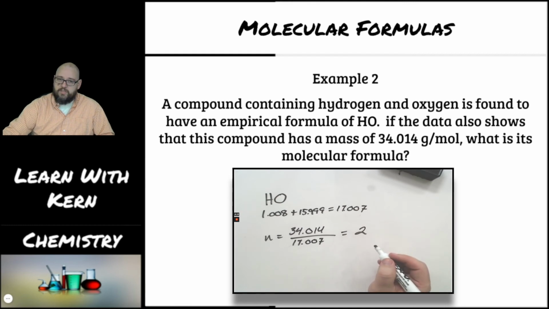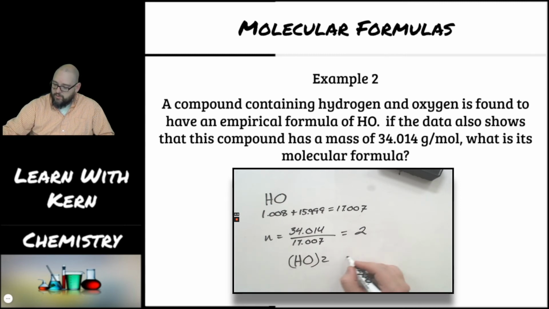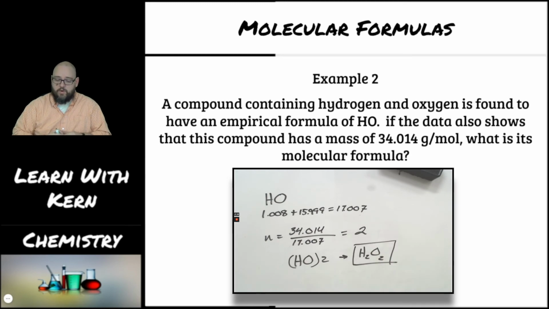You'll find as you do this that they're often going to be 2, sometimes 3. So I have HO. Each of them has a subscript of 1, so I'm going to multiply those 1s by 2 to give me a molecular formula of H2O2, hydrogen peroxide. So that is the molecular formula for that one. Again, not super complicated.